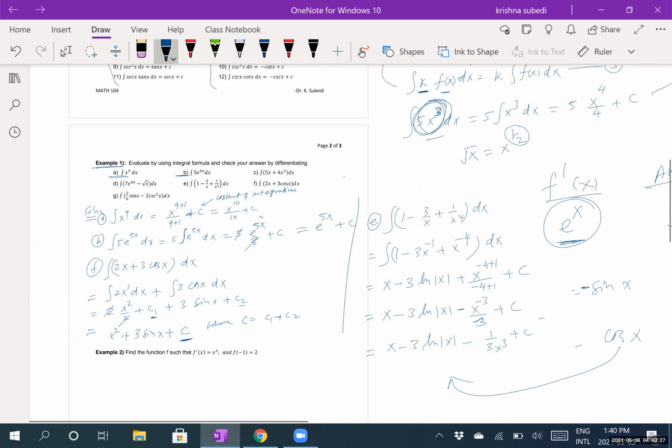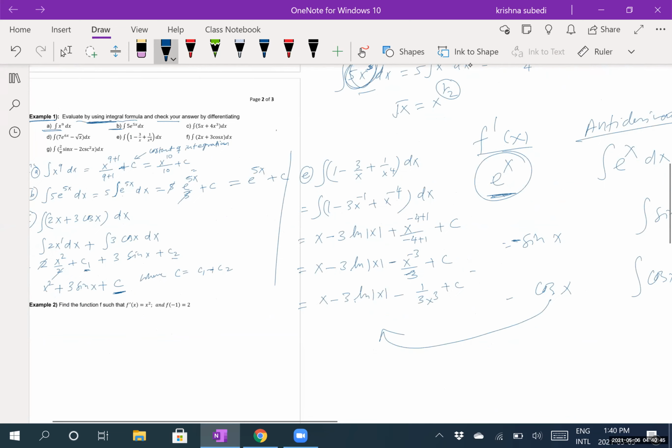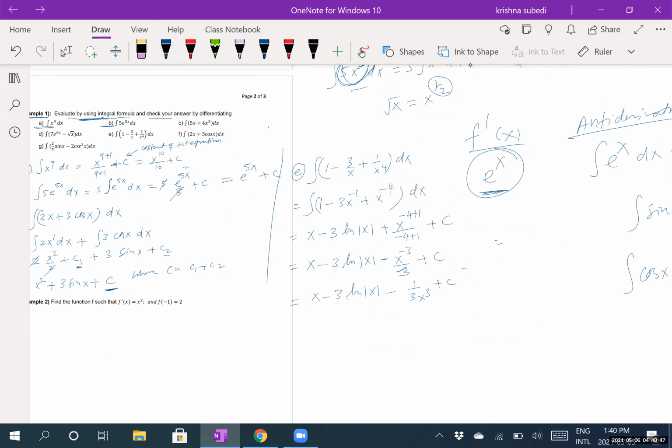Now, the checking part. The question tells us to evaluate the integral by using the formula and check your answer by differentiating. I forgot to check each of these, but I trust that you can do it. But let's try this one, and I leave the others to check on their own.